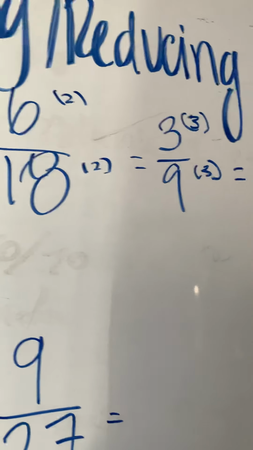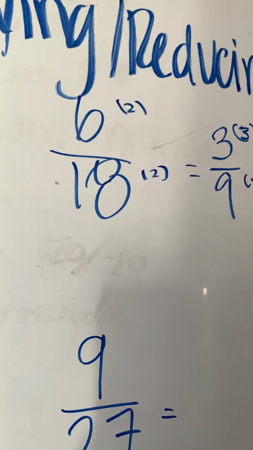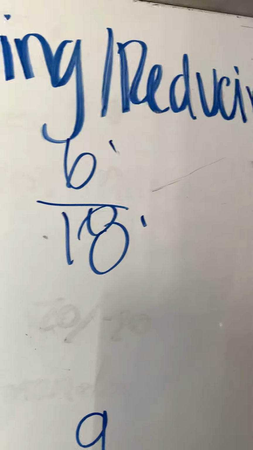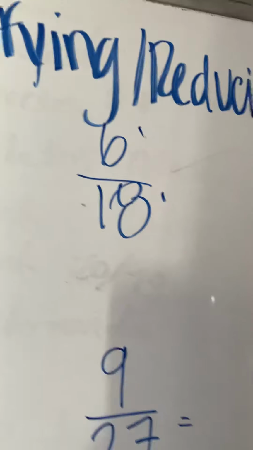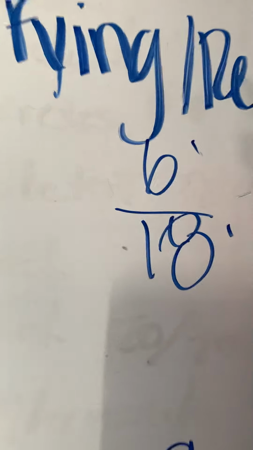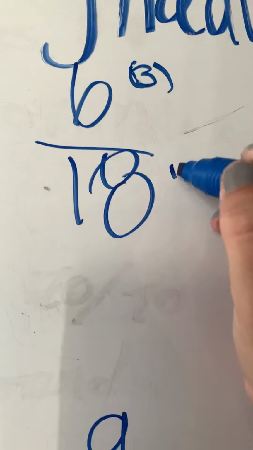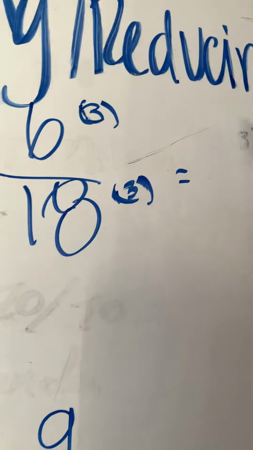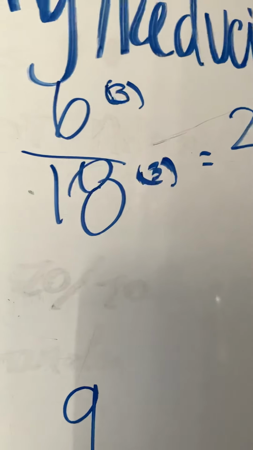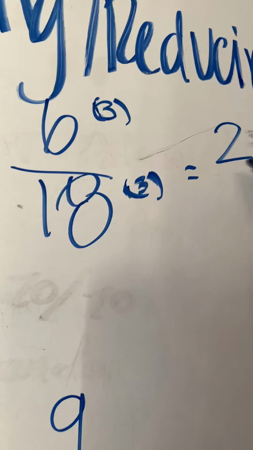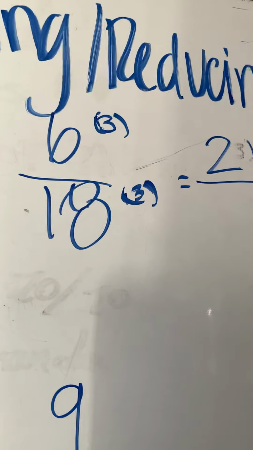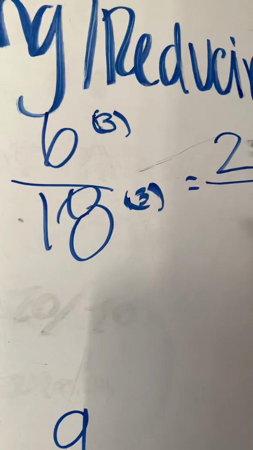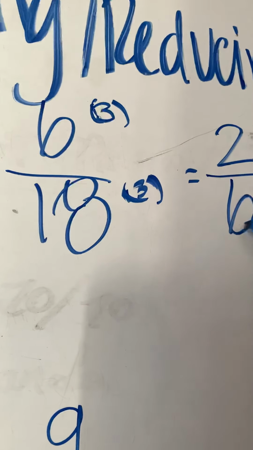Now, some of you are thinking, what I could have done is that 3 goes into both 6 and 18. You are correct. 3 goes into 6 2 times, and 3 goes into 18 6 times.